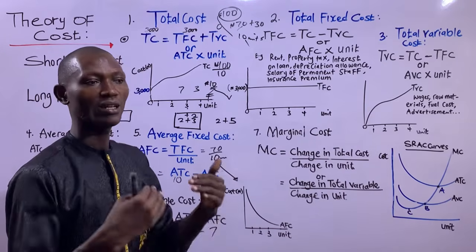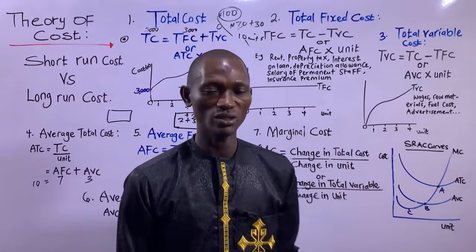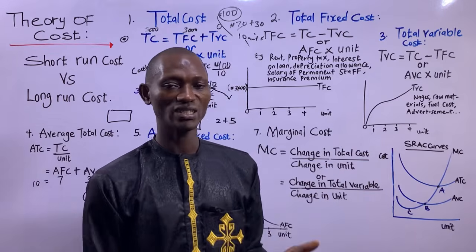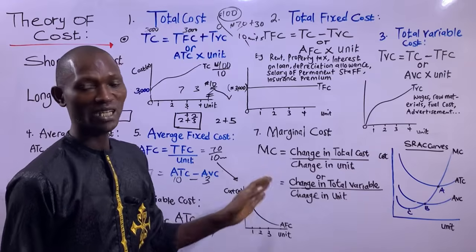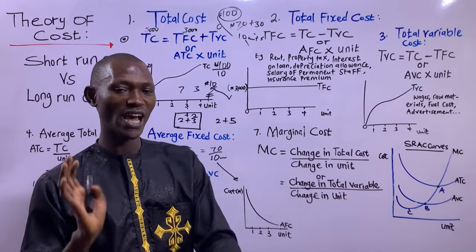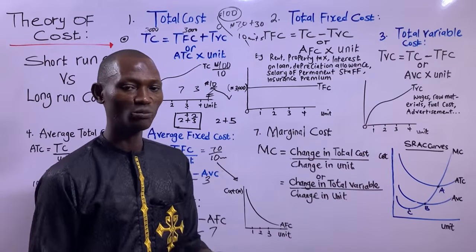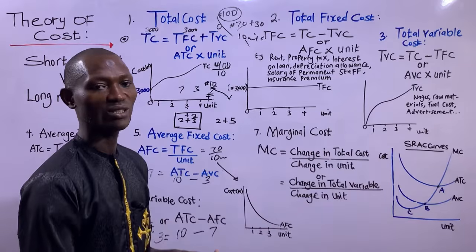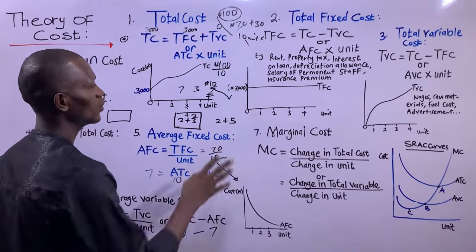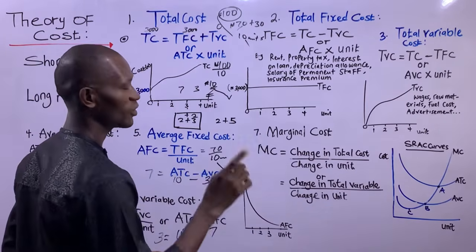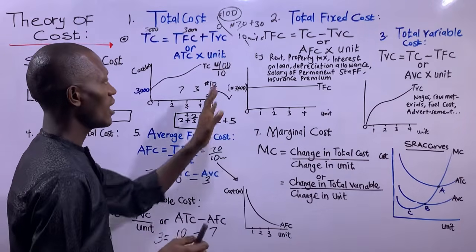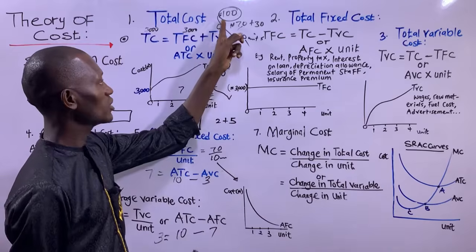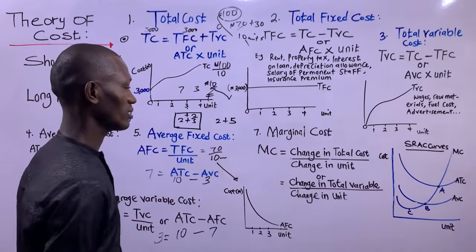But basically, it is the cost that is added to the total cost for producing extra units of a commodity. Now, we did say here that the cost per unit is 10, and the total cost of producing those 10 units is 100.